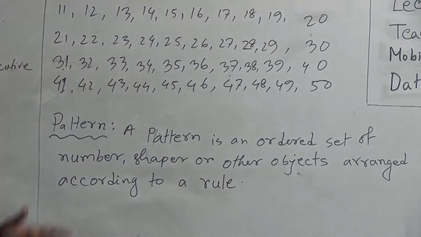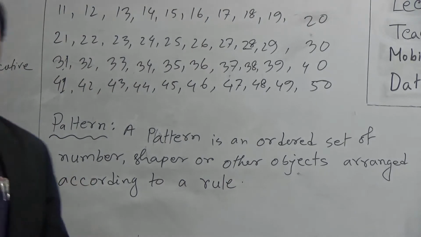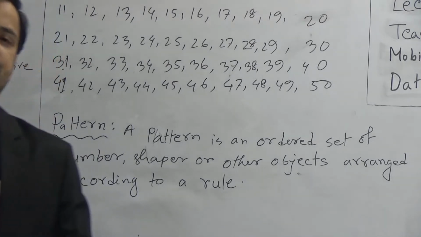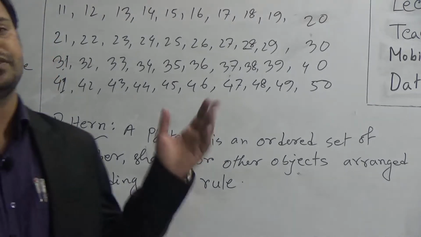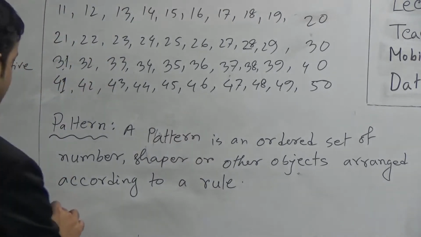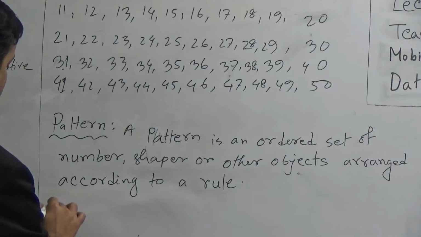Suppose I am telling the natural numbers. Dear students, you know the natural numbers? The natural numbers are the numbers 1, 2, 3, 4, 5, 6, 7, 8, 9. All these positive integers are known as natural numbers.